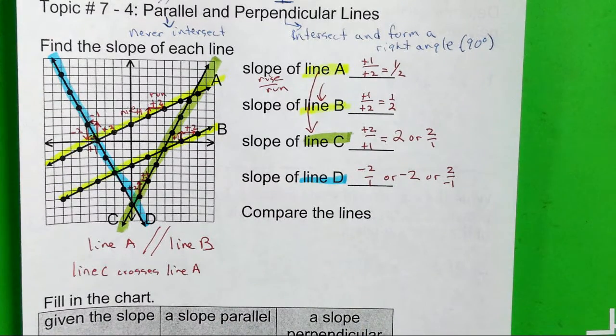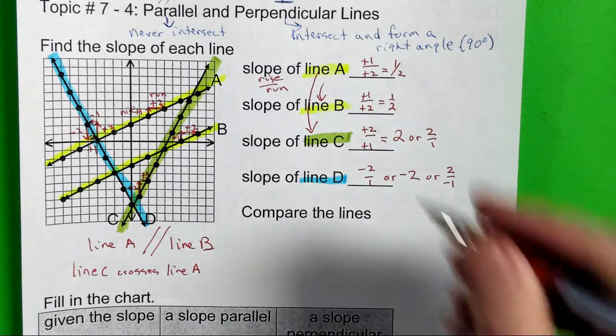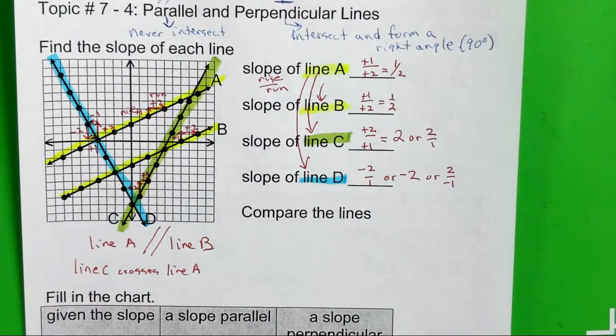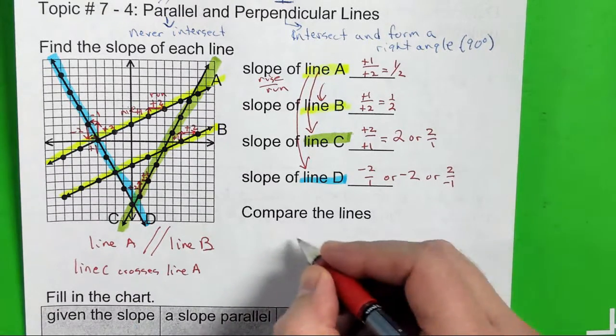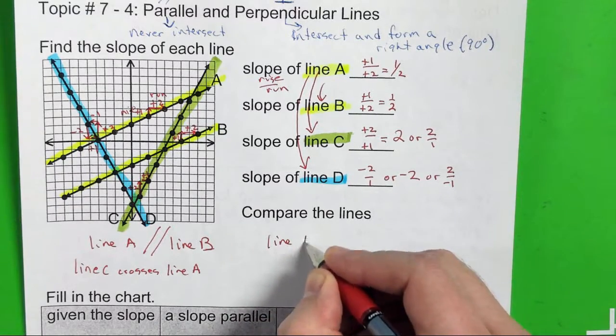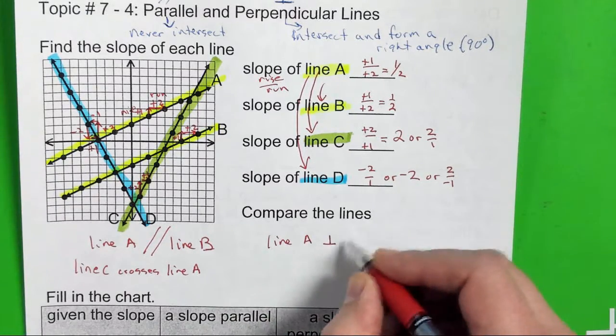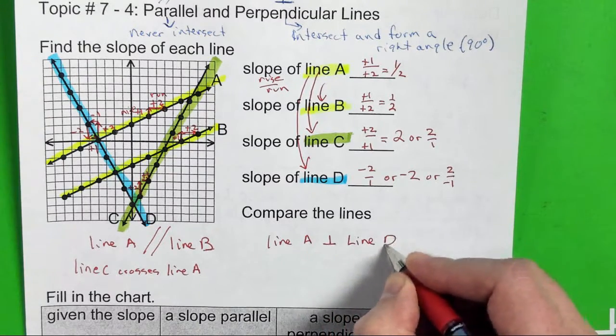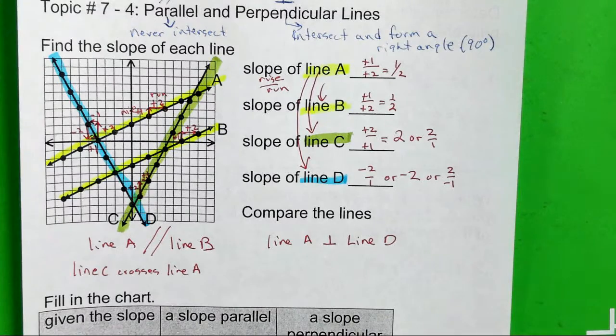Okay, let's try another one here. What about line A and line D? What'd you say, Trent? Perpendicular. He says, I'll write it over here, line A is perpendicular to line D. How does he know?